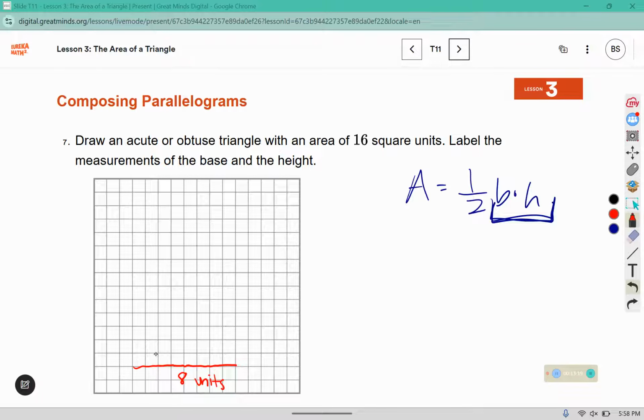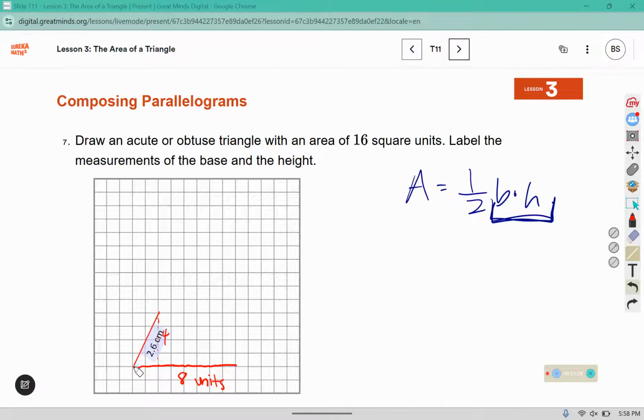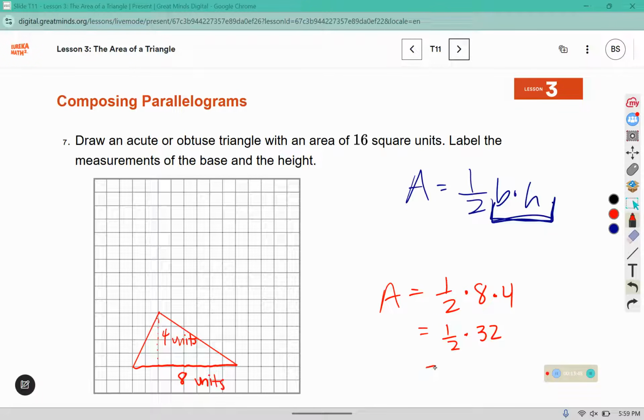And then I'm going to make my height 4. So if I check, my base is 8, my height is 4, 8 times 4 is 32, and half of 32 is 16 units squared.